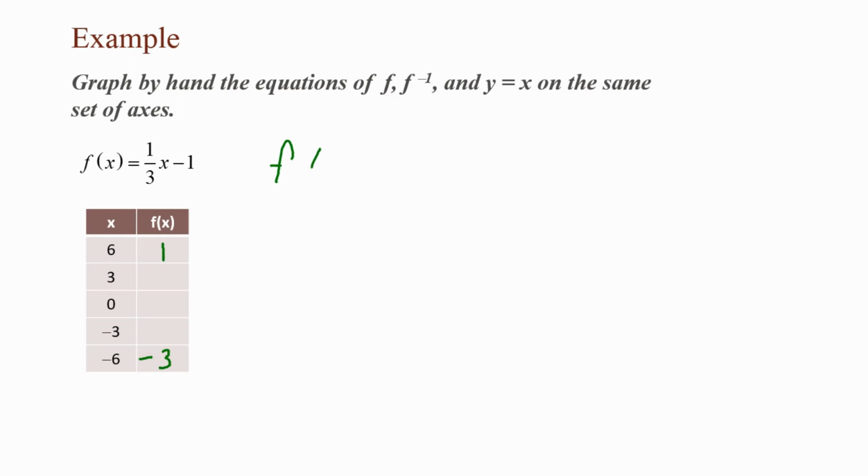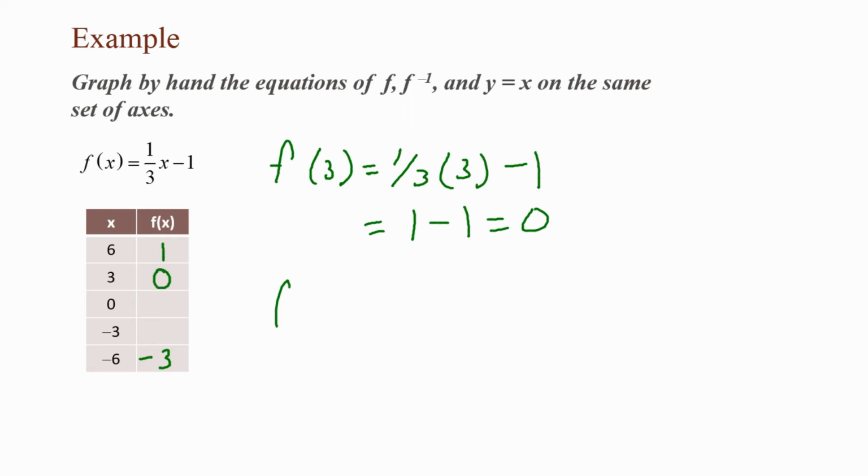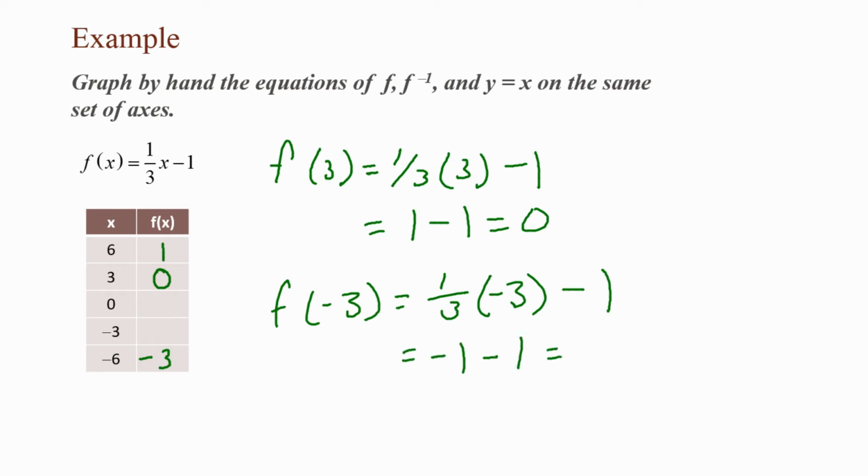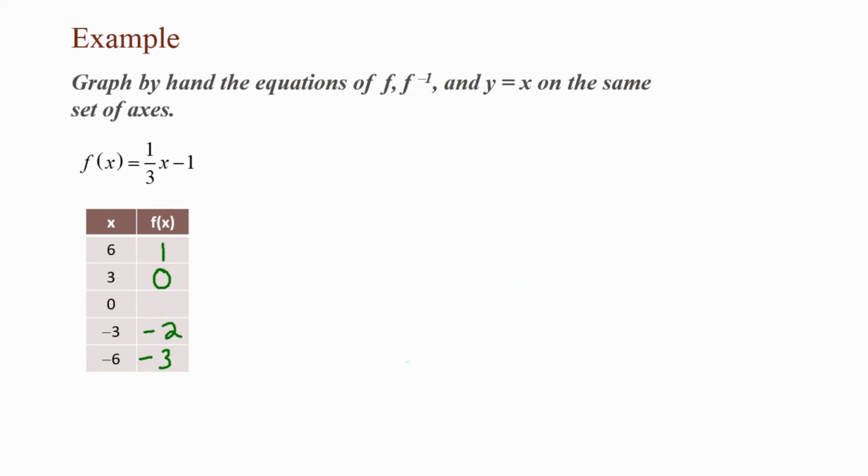For f of 3, that equals 1/3 times 3 minus 1. 1/3 times 3 is 1. 1 minus 1 is 0. Now finding f of -3, 1/3 times -3 minus 1 equals -1 minus 1, which equals -2. So I have the point (-3, -2).